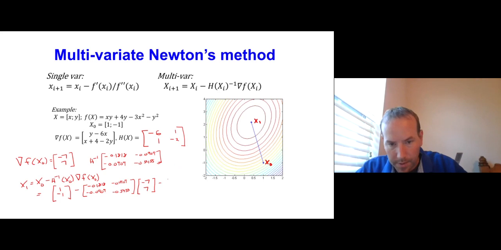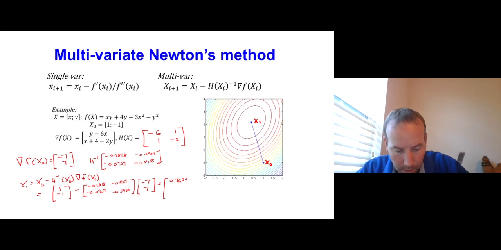And if you multiply those out, you should get something like 0.3636 and 2.1818.